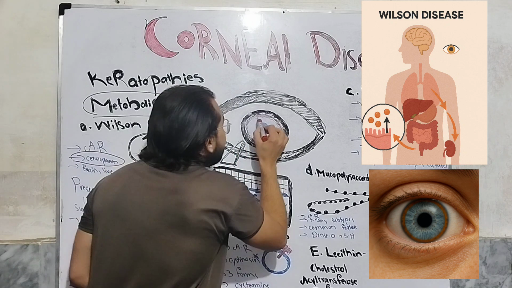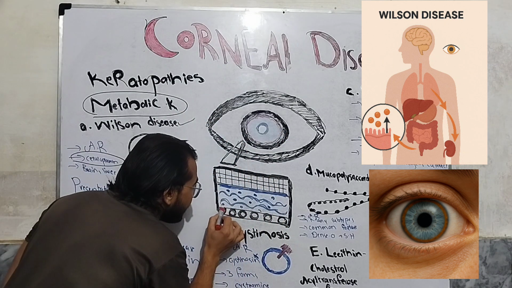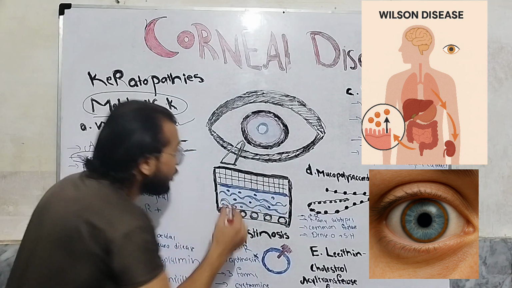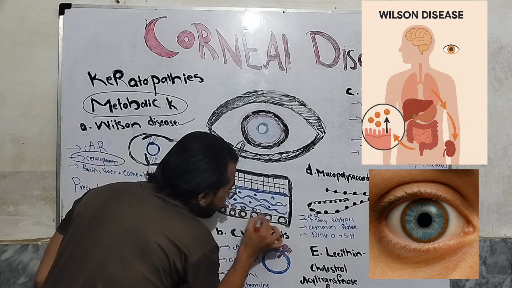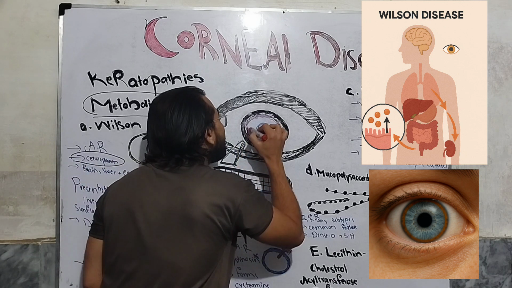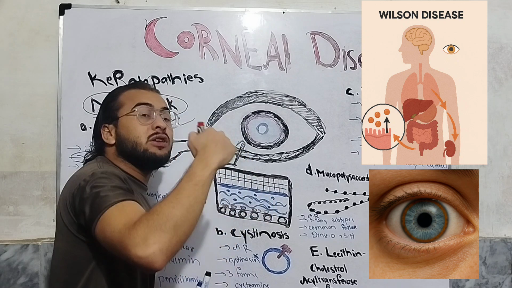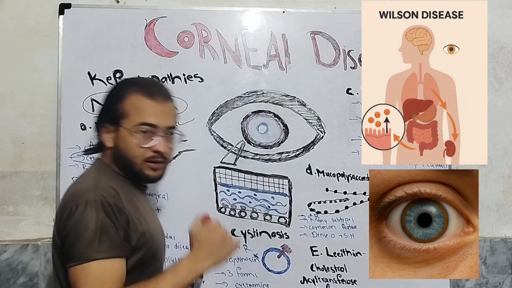This is due to the accumulation of copper on the Descemet membrane, mostly at the periphery, which causes this brown yellow discoloration at the periphery, called the Kaiser-Fleischer ring.